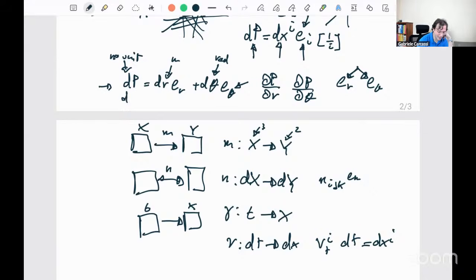But also, this is just the chain rule, right? Because what we are really writing is dp equals ∂p/∂r dr plus ∂p/∂θ dθ. And now these are what you typically think of as vectors, but they're just maps.